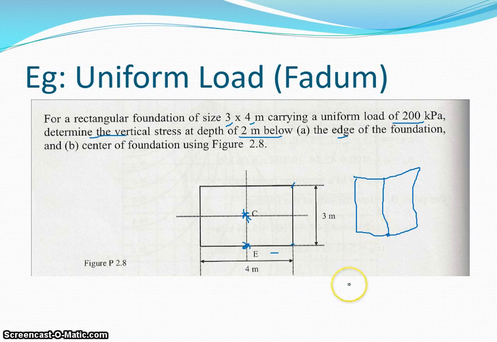This means we will define the vertical stress at E as 2 times 3 times the influence factor, 2 times because there are two rectangulars, the first rectangular and also the second rectangular.